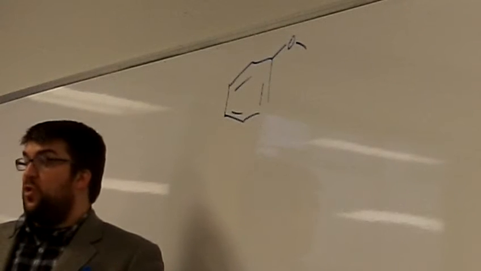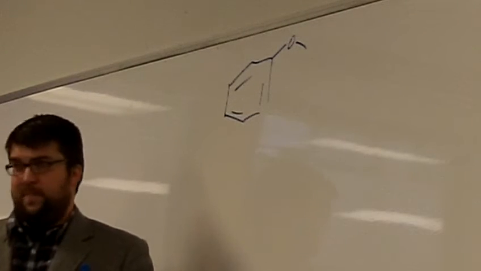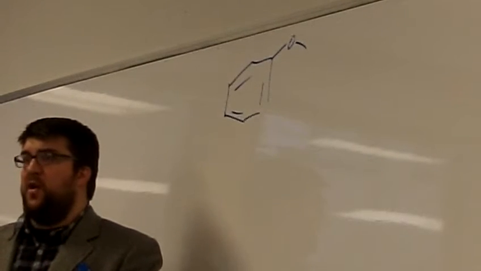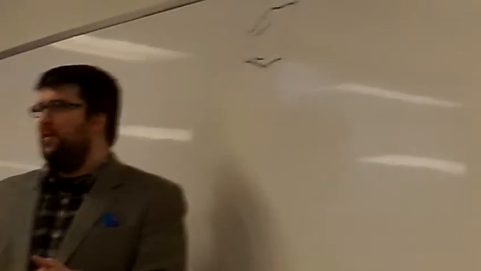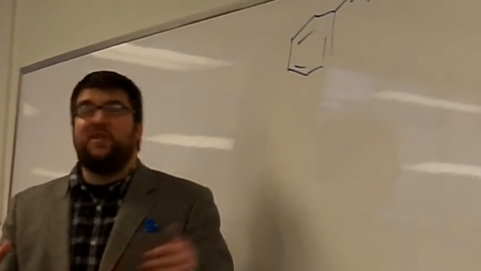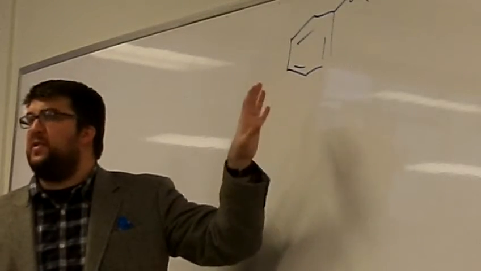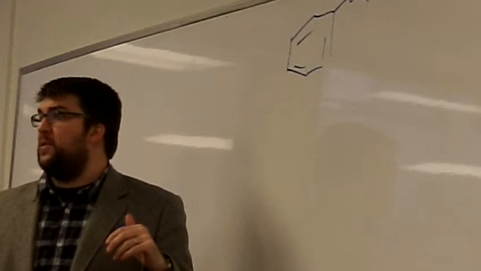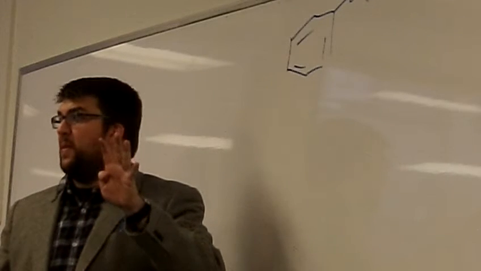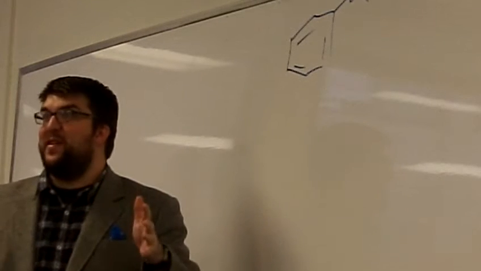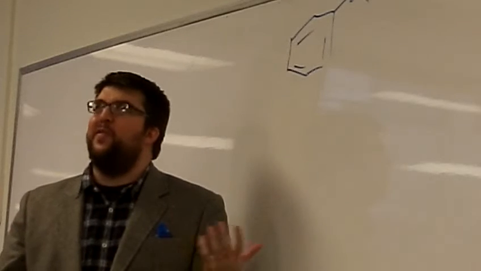But now I want to show you, so that was kind of like the chicken. Now let's look at the egg and see if that also proves that we should go ortho and para. What came first, the chicken or the egg? We looked at the resonance structures, but now let's say, what if we actually do the reaction and make the sigma complexes? Are we going to find the magical fourth sigma complex? You always have 3, but if you can have 4, is 4 more than 3?